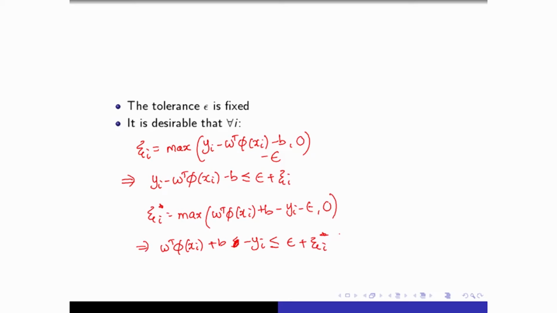Please keep in mind that by design we would like exactly one of xi and xi star to be non-zero. So it's an exercise for you to indeed verify that this happens.